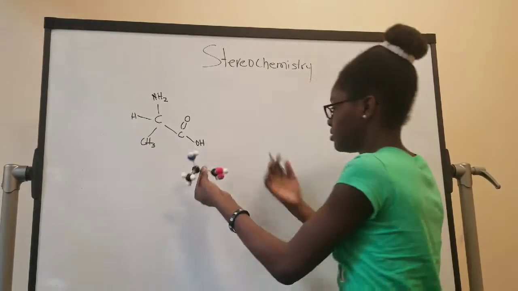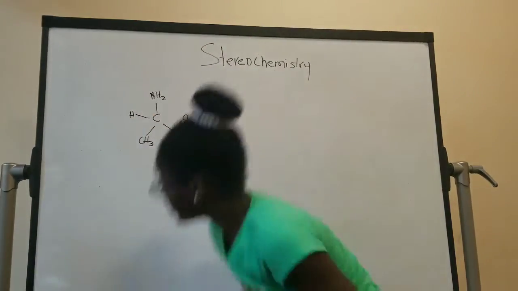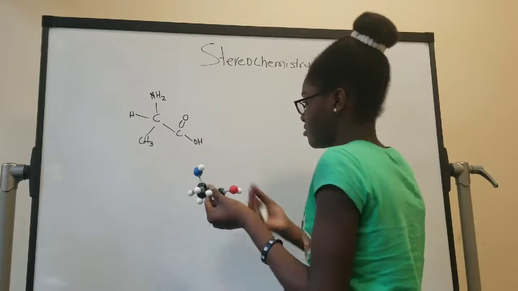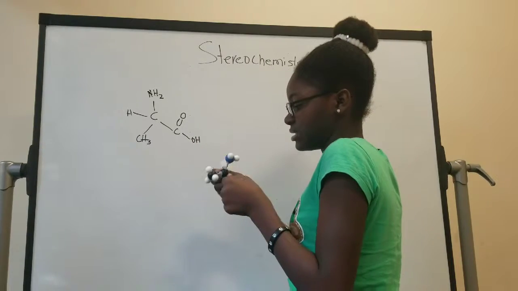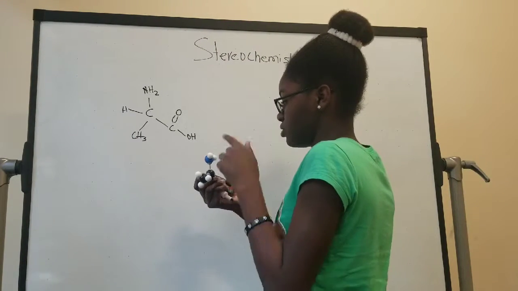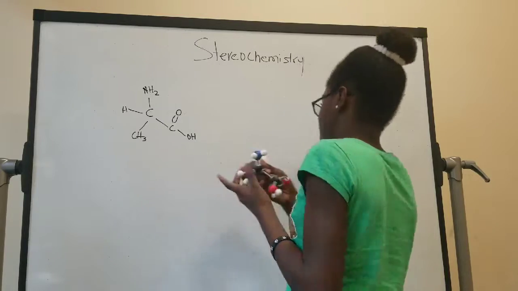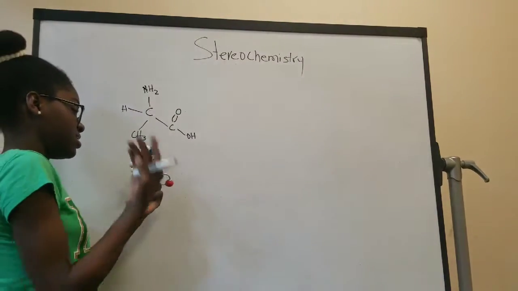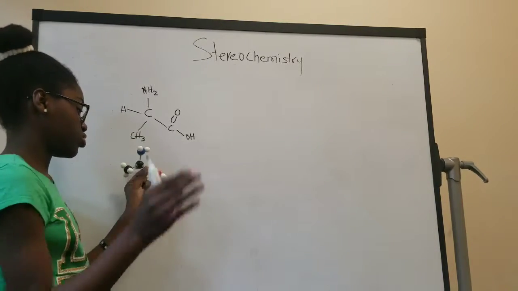So you see this cannot necessarily be represented by this, because this is behind this and this is directly in front of it, and these two, the amine and the carboxylate, are adjacent to each other. So this is the amine group, this is the methyl group, and this is the carboxylate group.